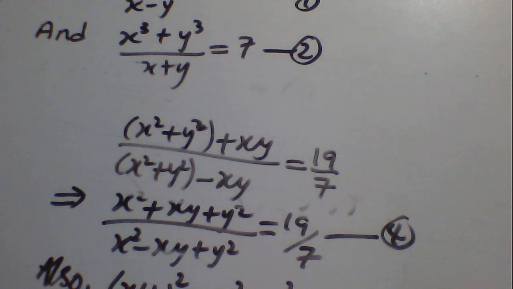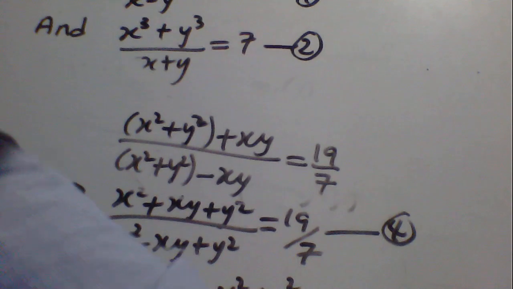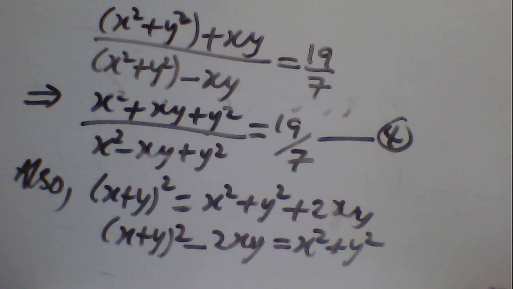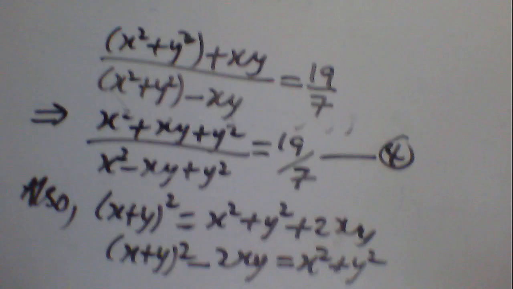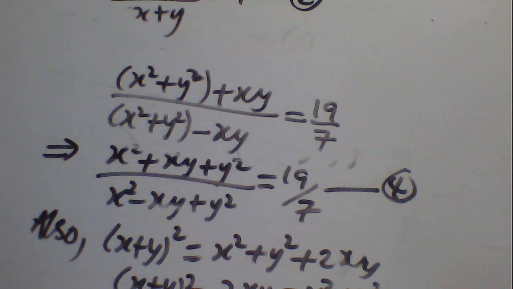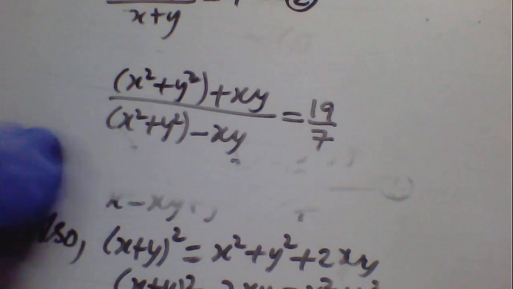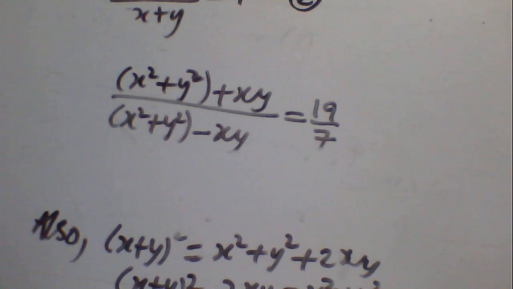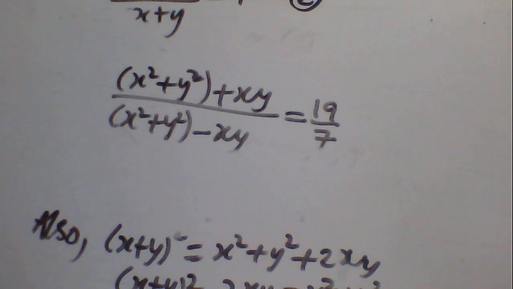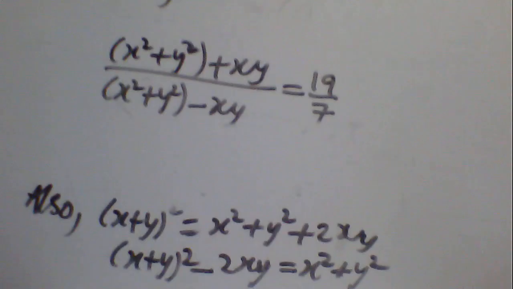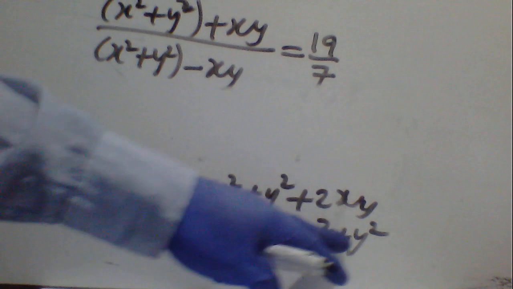The next thing is to substitute the values we got: (s + y)^2 - 2sy = s^2 + y^2. Wherever you see s^2 + y^2, you put these values.